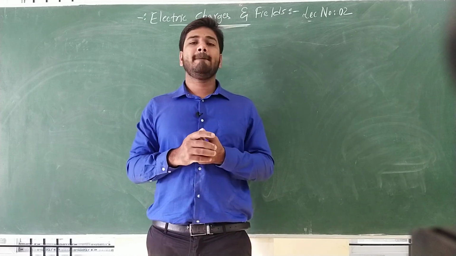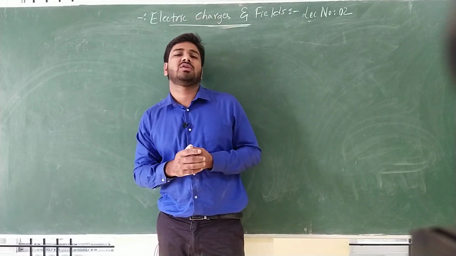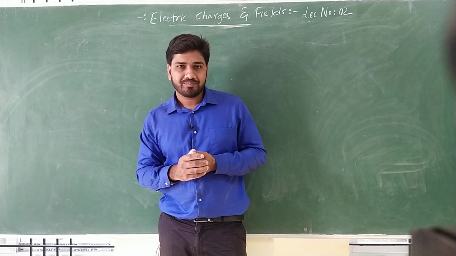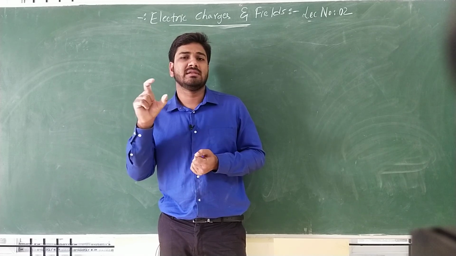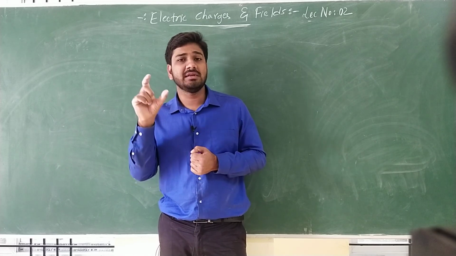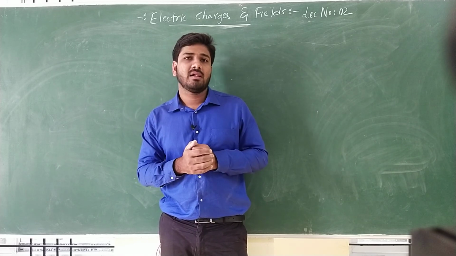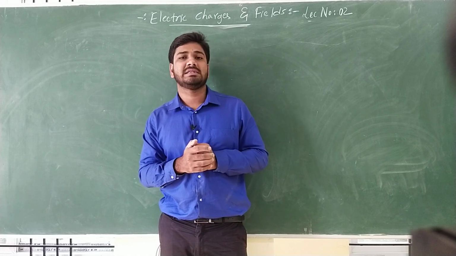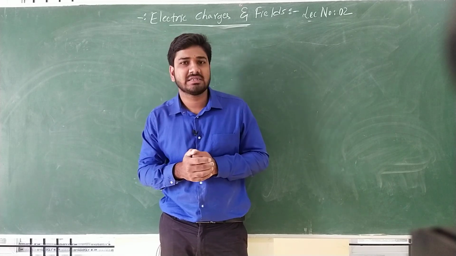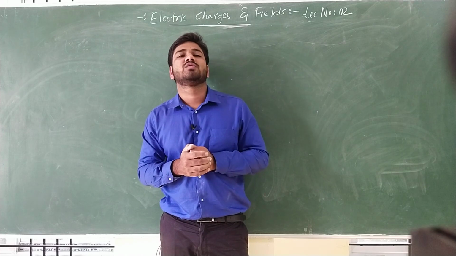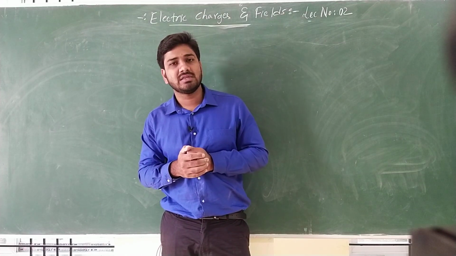Third one, quantization of charge. Quantization of charge means charge is available in a fixed number, that is, it is an integral multiple of the fundamental charge. Fundamental charge is nothing but the charge on the electron, that is 1.6 into 10 raised to minus 19 coulomb.